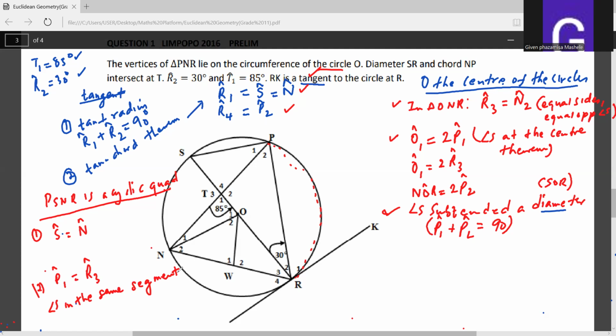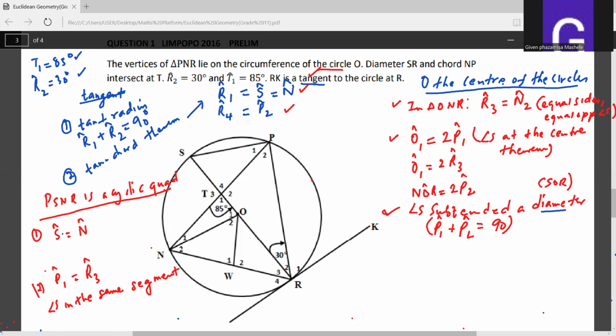Then from there, we can just give the reasons thereafter, especially based on the information given. For example, let's say we're told R1. You must also know the properties of the exterior angle of a triangle, the opposite interior angles. You must also know the sum of angles in a triangle add up to 180 degrees. So some things are just straightforward.